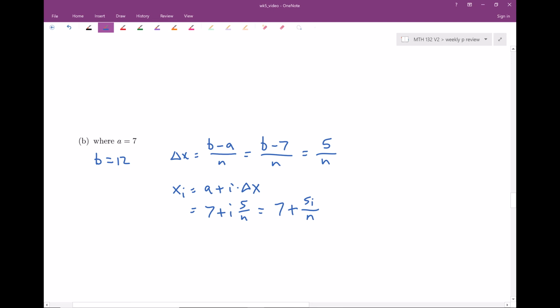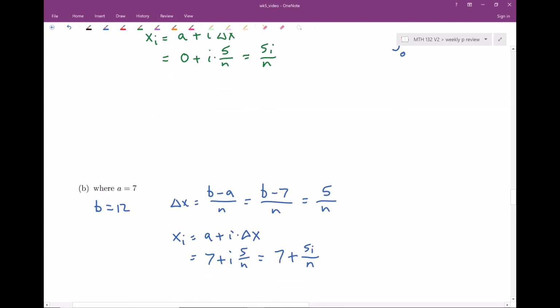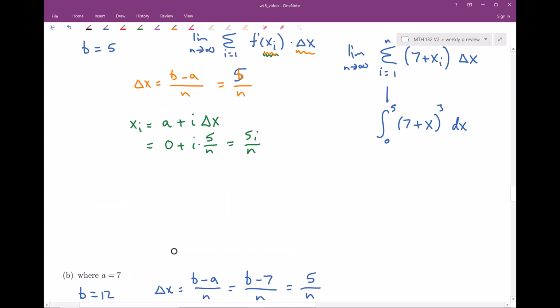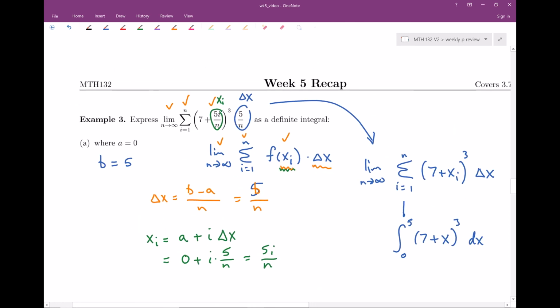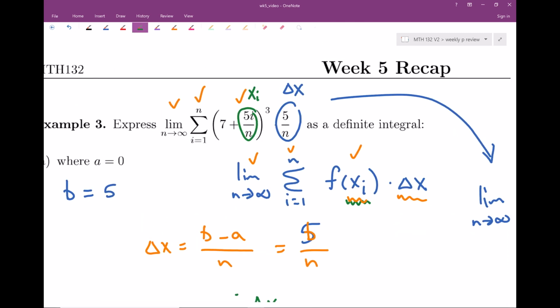Now let's go back up and see if we have any of these. Instead of just 5i over n being our x sub i, it's actually all of this, 7 plus 5i over n.